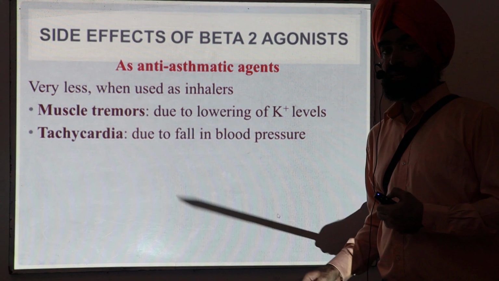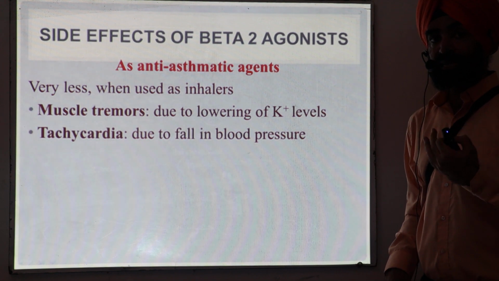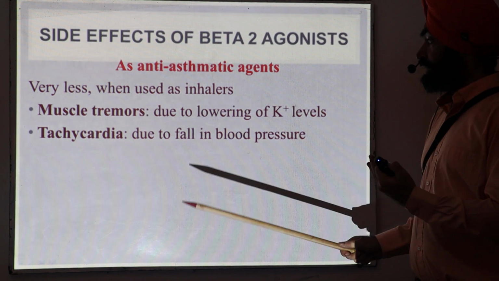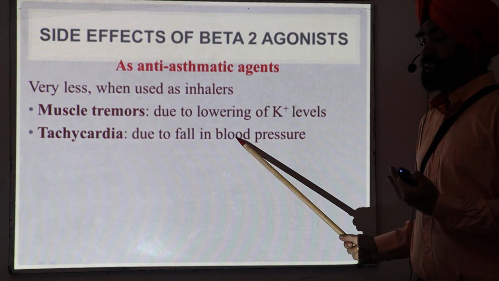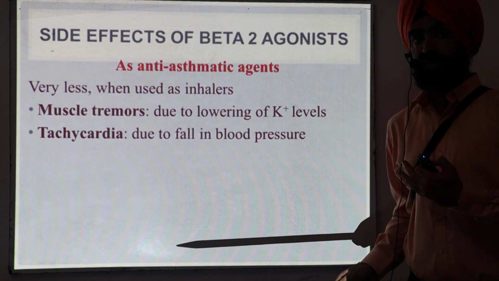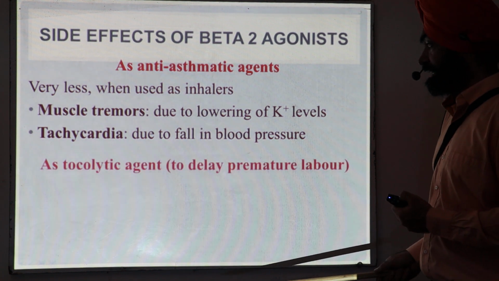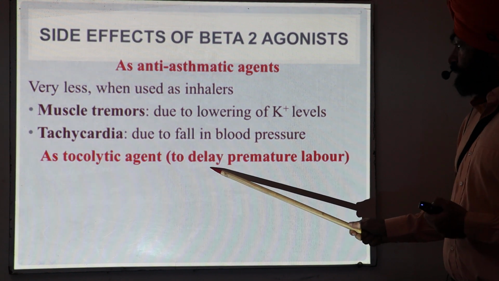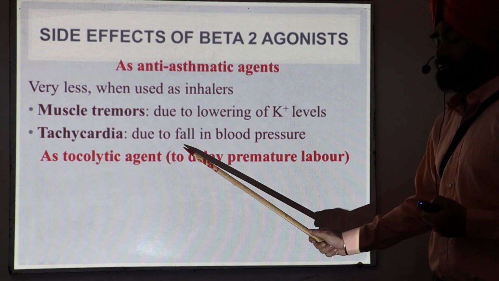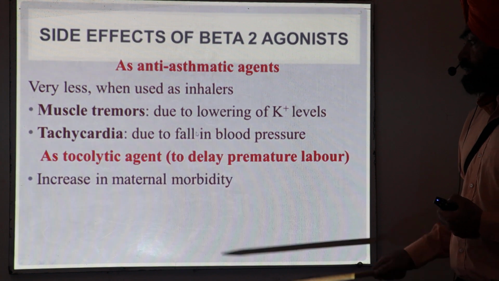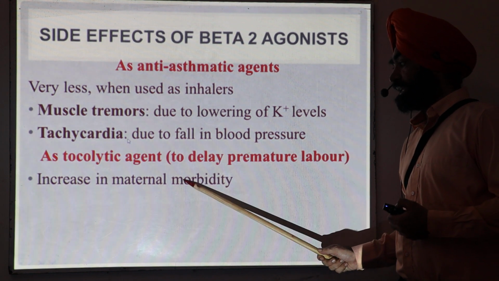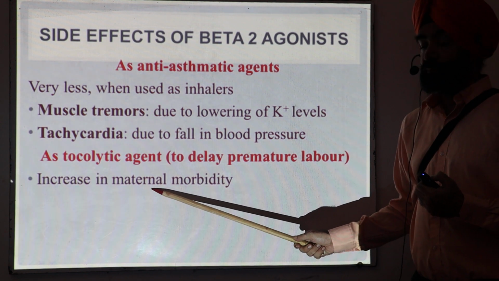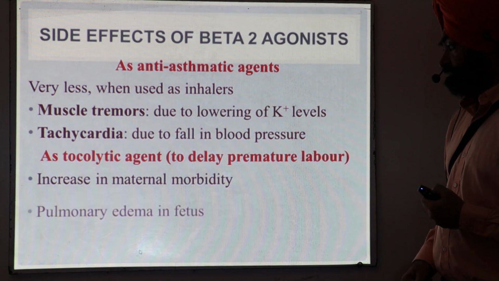They may also produce tachycardia, an increase in heart rate, because of a fall in blood pressure. A fall in blood pressure produces a reflex increase in heart rate. If you use them as tocolytic agents, that means to delay premature labor, what are the side effects? They increase maternal morbidity, that means the mortality rate of the mothers is increased.